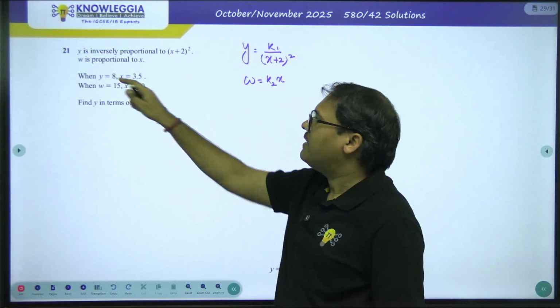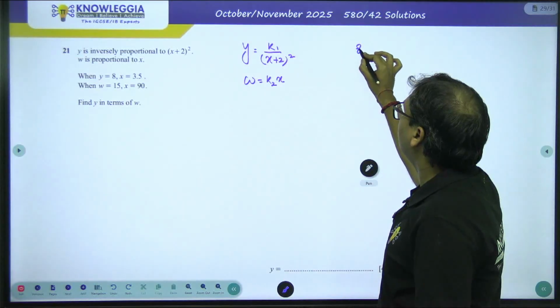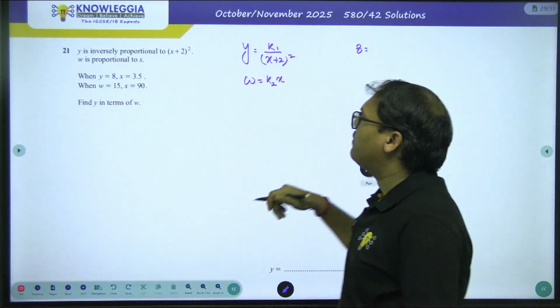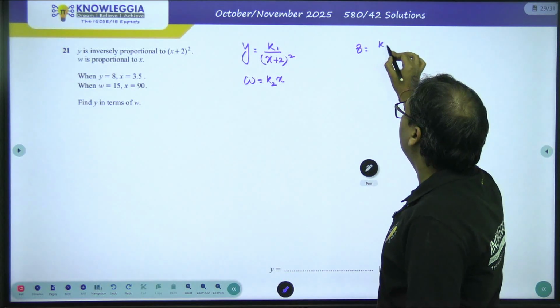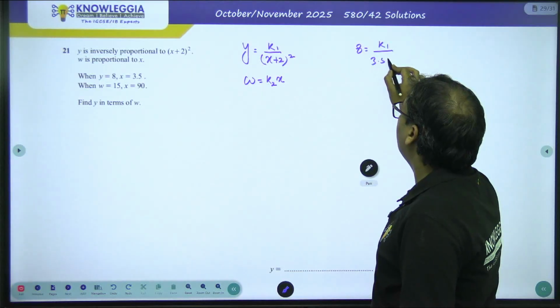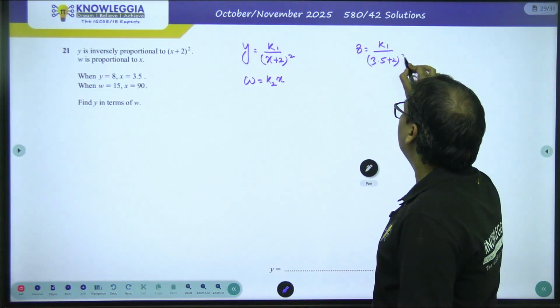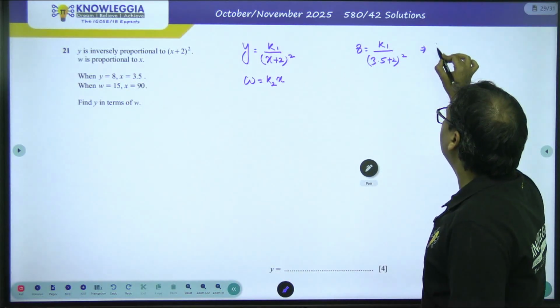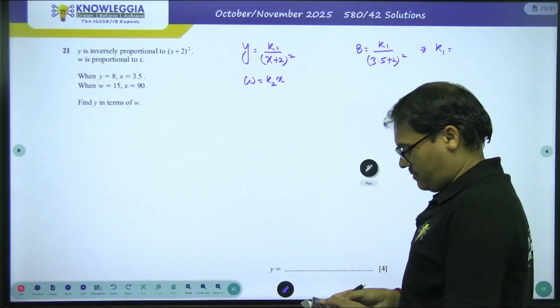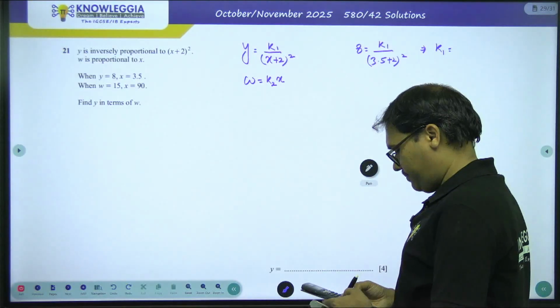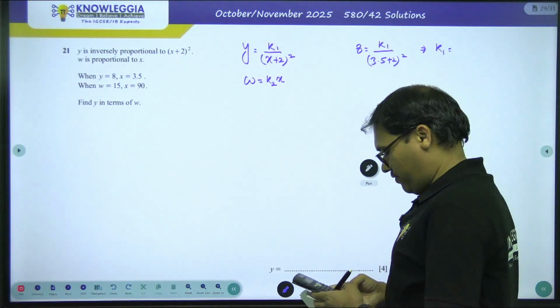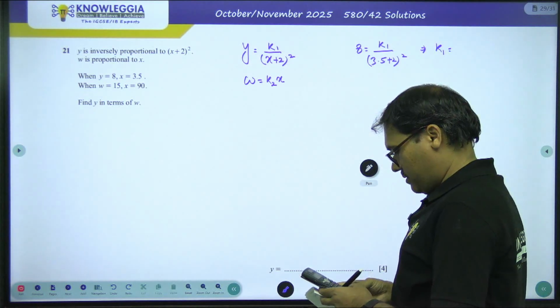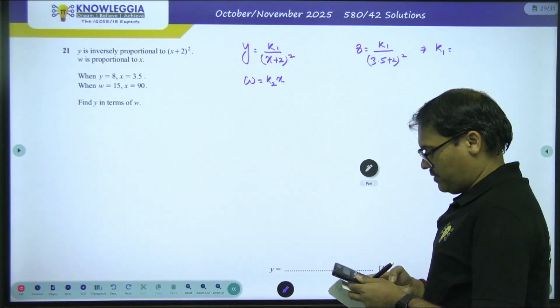If y is equal to 8, x is 3.5. So this is k1 upon (3.5 plus 2) square. I hope this is clear. So what is the value of k1? This is 8 multiplied with 5.5 square, which is 242.